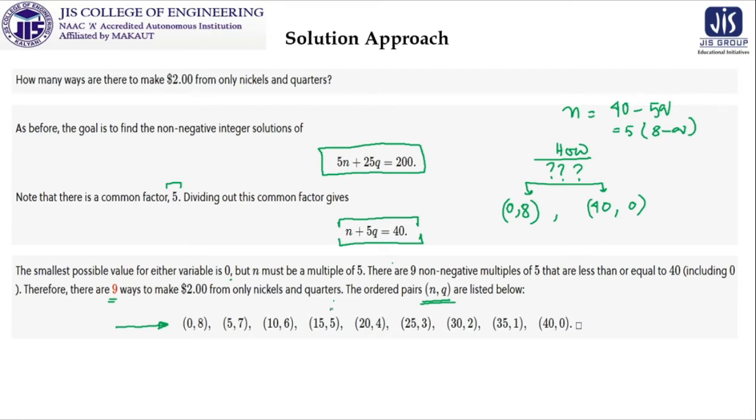We already got (0, 8) and (40, 0), but between these there are intermediate ordered pairs. Since n has to be a multiple of 5, it can be 0, 5, 10, 15, 20, 25, 30, 35 and 40. For these combinations, the value of q can be calculated, because it is a two-variable equation and you know the value of one variable.